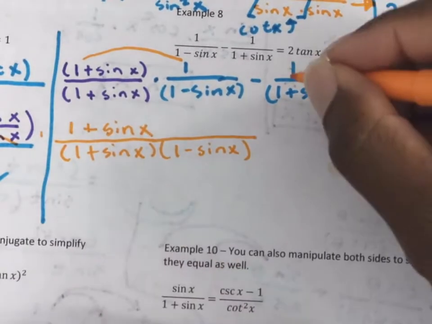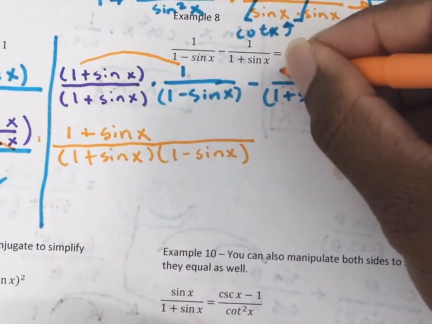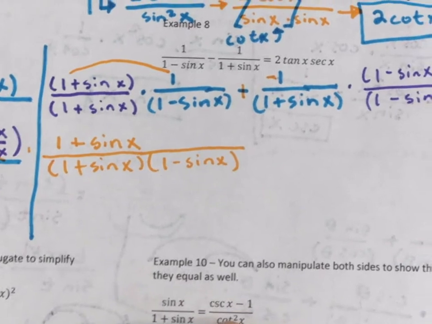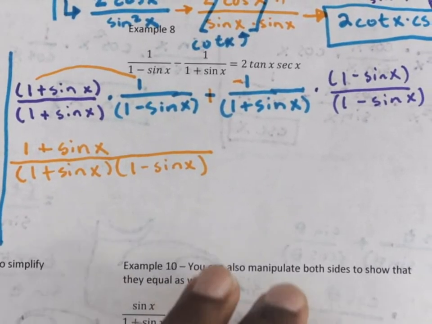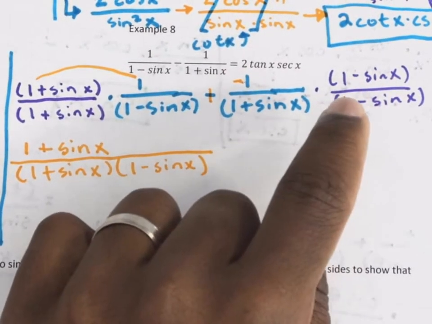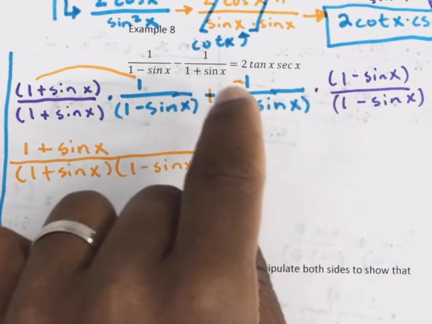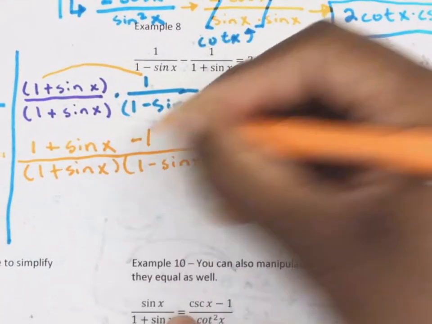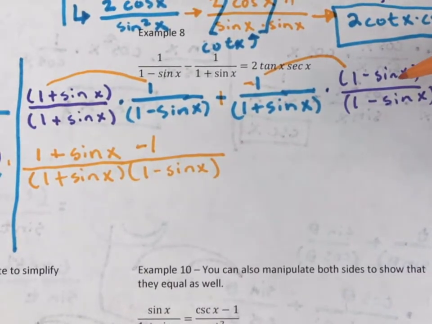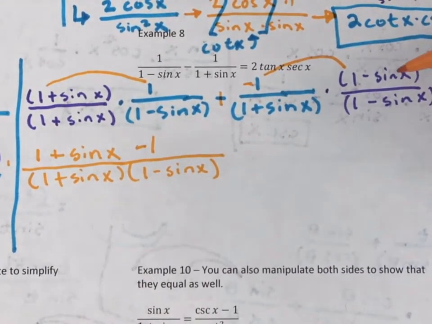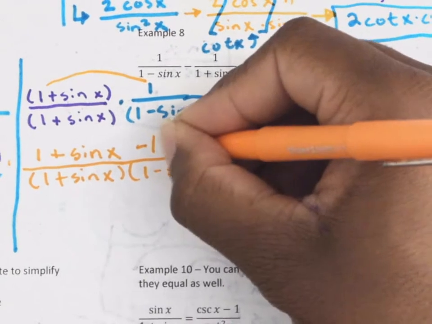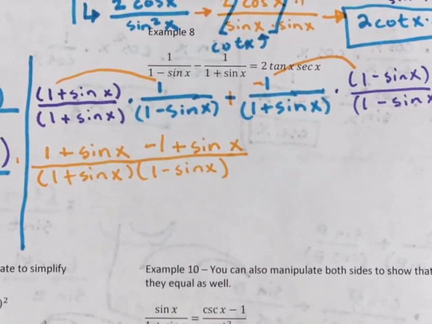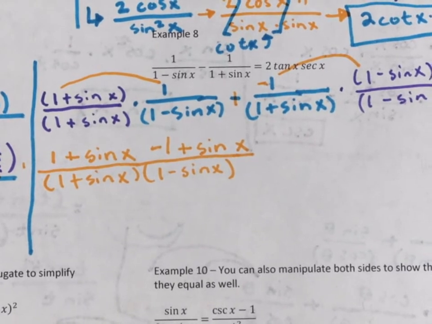And then just for simplicity, I'm going to give the negative to this 1. So then I can just distribute the negative 1. What's negative 1 times 1? Negative 1. What's negative 1 times a negative sine? Positive sine. Good job. Plus sine x. Do I have any like terms I can combine?